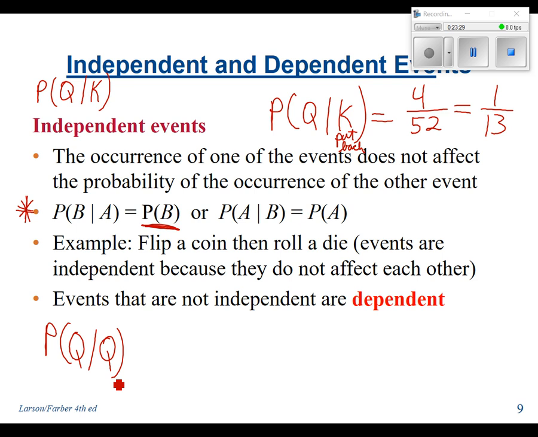If we're playing some card game and we want to get 2 queens, and we already have 1 queen in our hand, what's the probability of getting a second queen if we keep that queen in our hand? 3 over 51. So that makes it go down. It's dependent on what happened here.